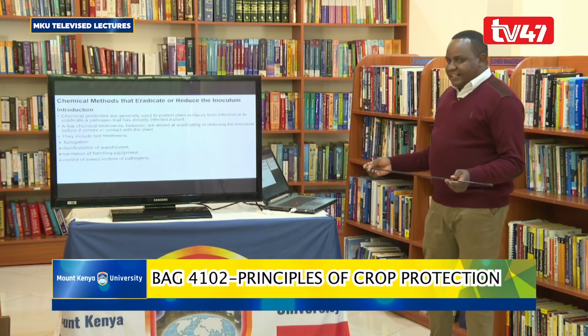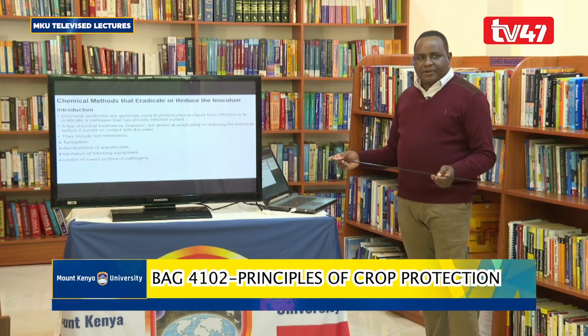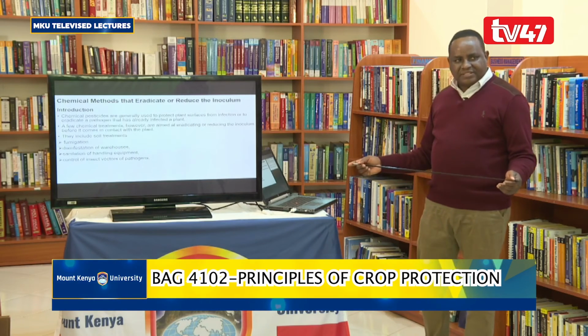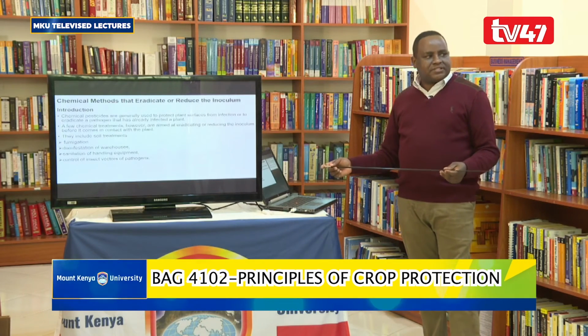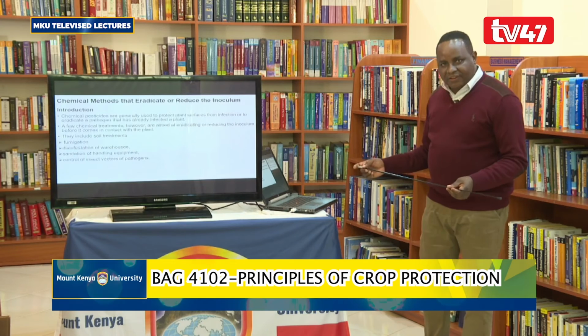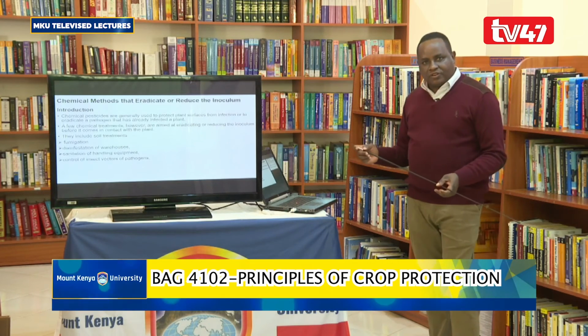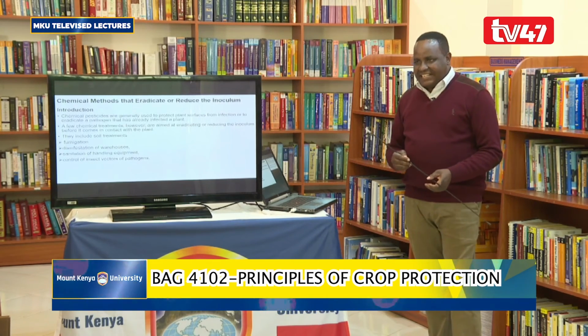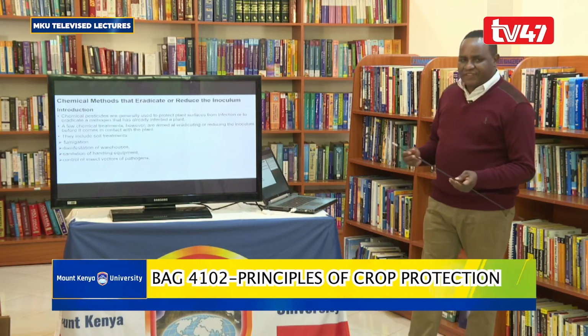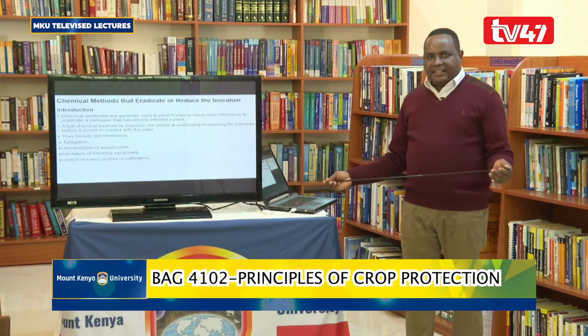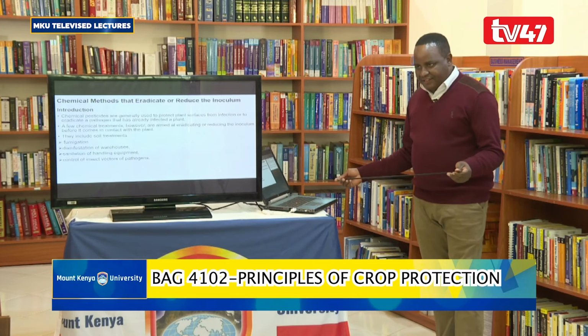All right, let's talk about chemical control. Chemical control is the most popular, most accessible, and widely used method of control of plant diseases, simply because there are hundreds of chemicals that have been registered for use. They are easy to apply and they are affordable.